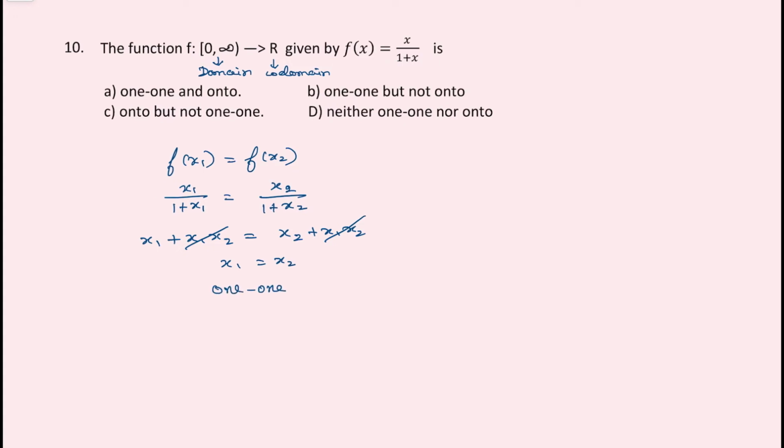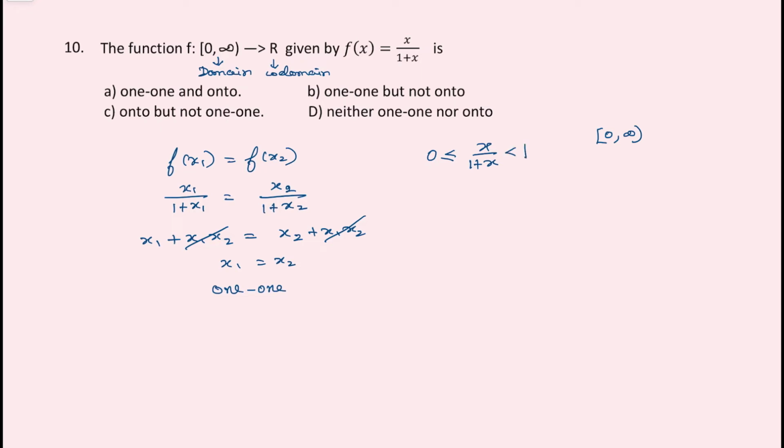Now to check whether it is an onto function or not, see this ratio. The domain of this function is the closed interval 0 to infinity. X takes only positive real values including 0. Therefore, this will be greater than or equal to 0. And the denominator is bigger than the numerator.